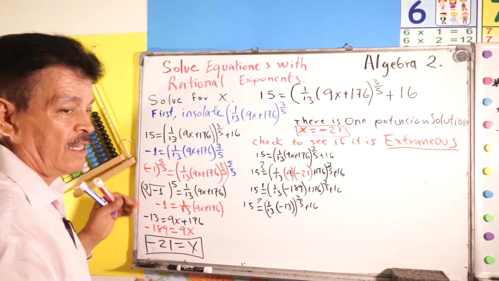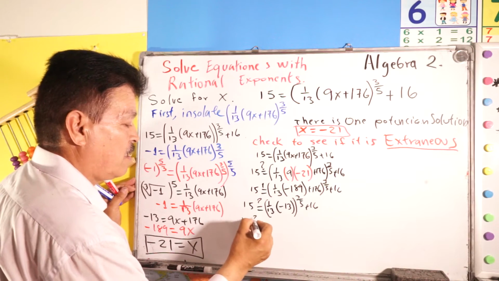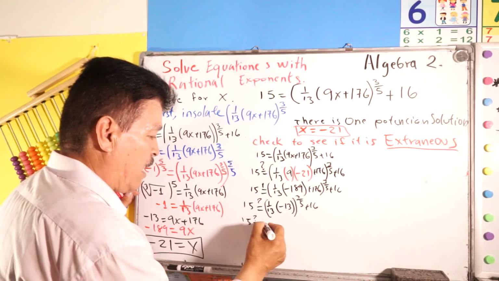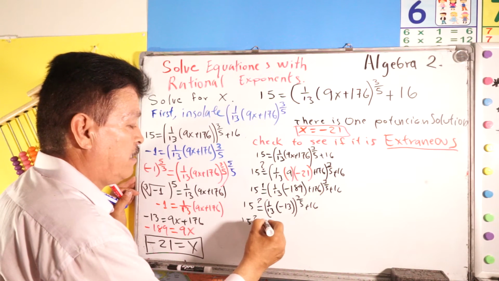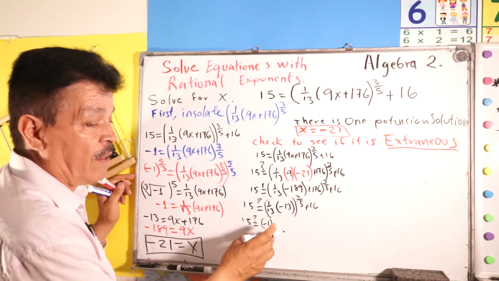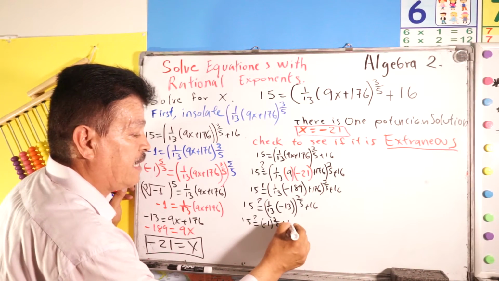Okay, right here. So next, 15 equals, we multiply all that, and we will have negative 1, to the 3/5 power, plus 16.